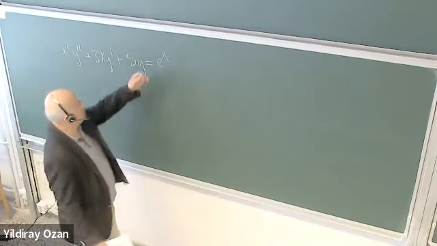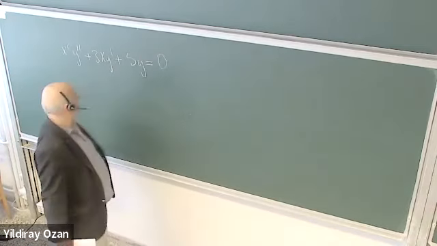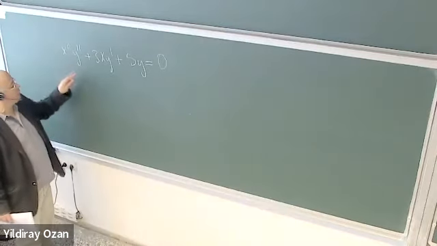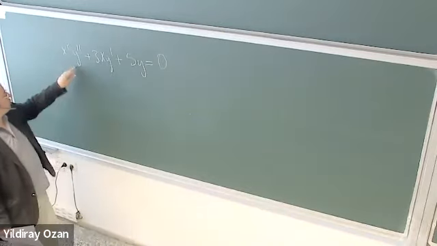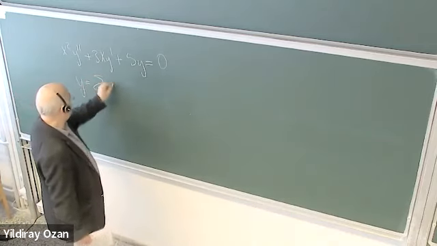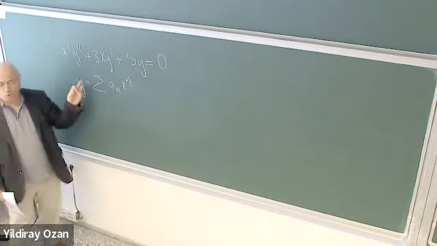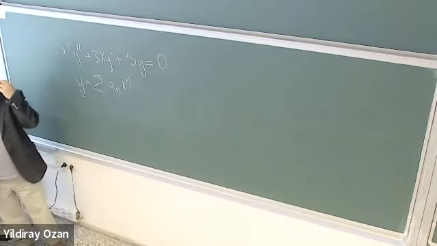Or I don't know whether this was 0 or not. Okay. So power series solutions of this, if you look for solutions of this kind, probably you will not get a solution, okay, of this kind.